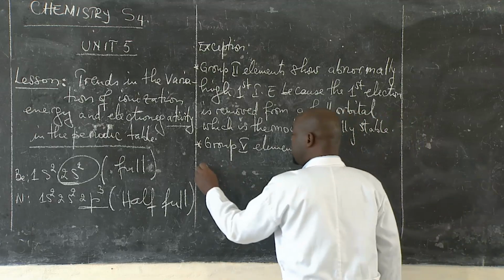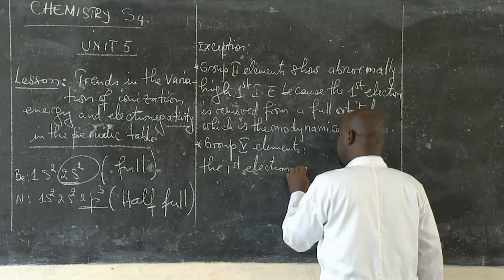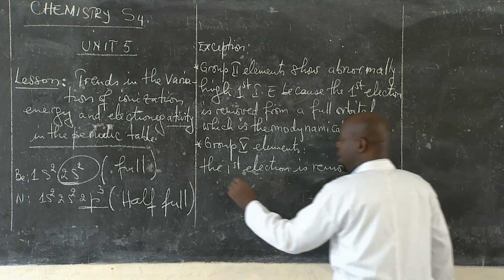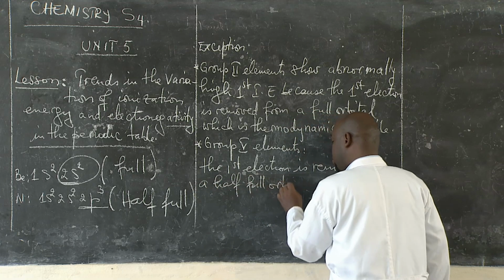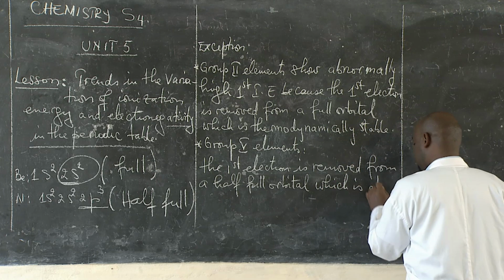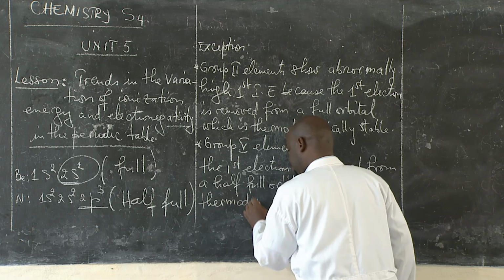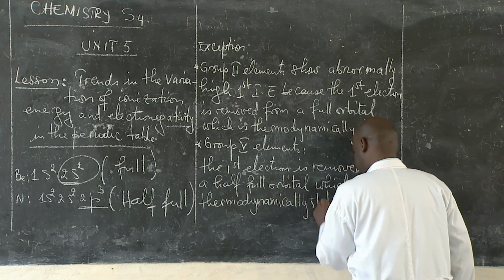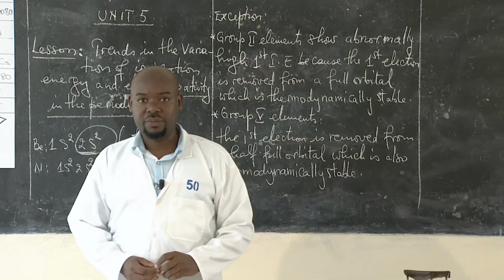It is because the first electron is removed from a half full orbital, which is also thermodynamically stable. Thermodynamically stable. I think that is very clear.